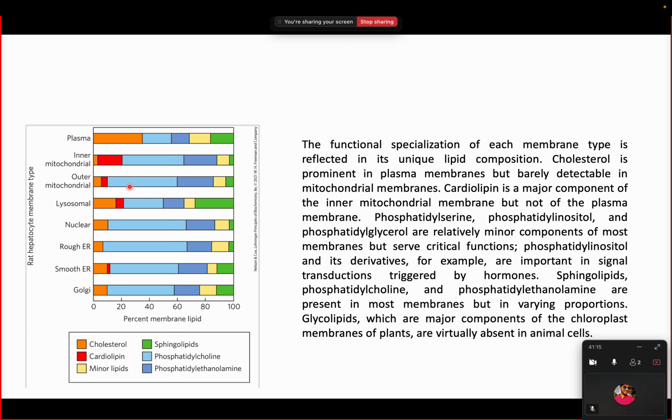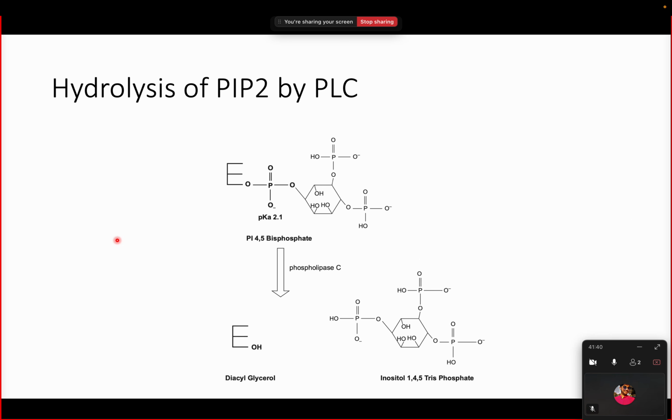Then we saw how these lipids are distributed among the cell and the organelles, and there is a huge mismatch. No one number of lipids fits all the organelles and the plasma membrane, because every cell, every organelle, every membrane has a different function, and hence their lipid composition also varies.